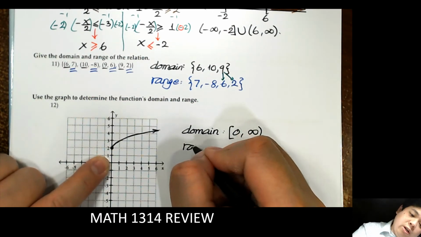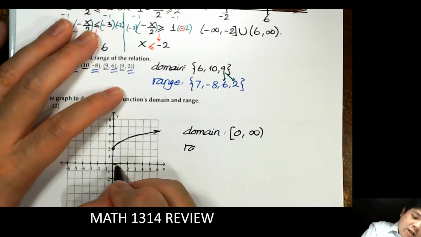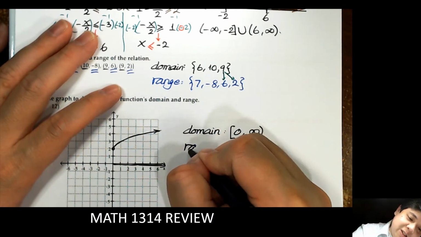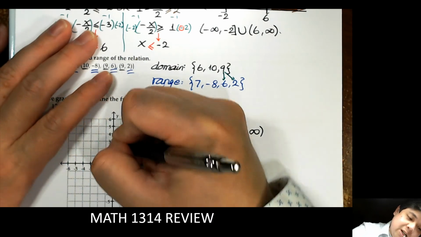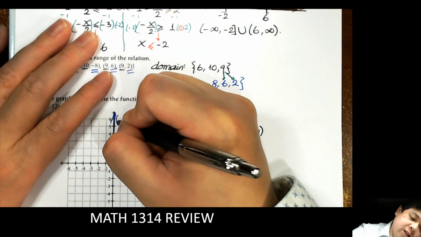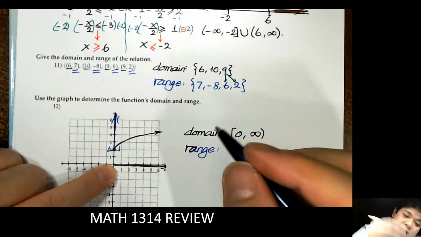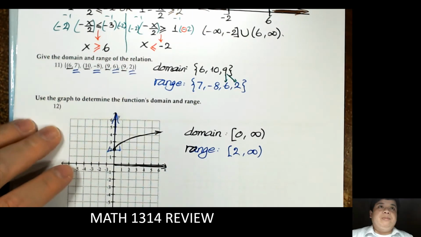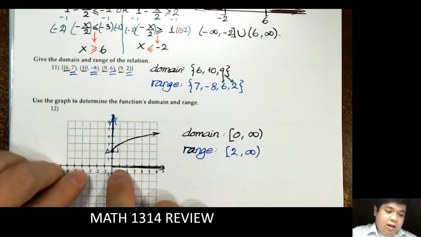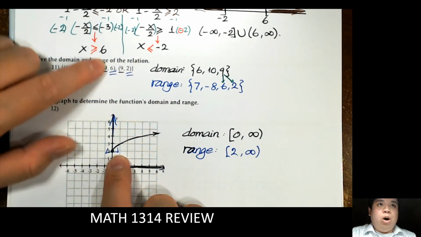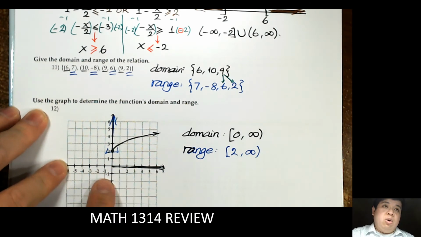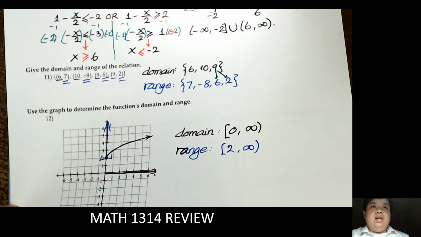The range, we have all the y values from this point on, so from 2 to infinity. So all the y values from 2 up, including 2, are the range, and from 0, including 0, to the right, is the domain.